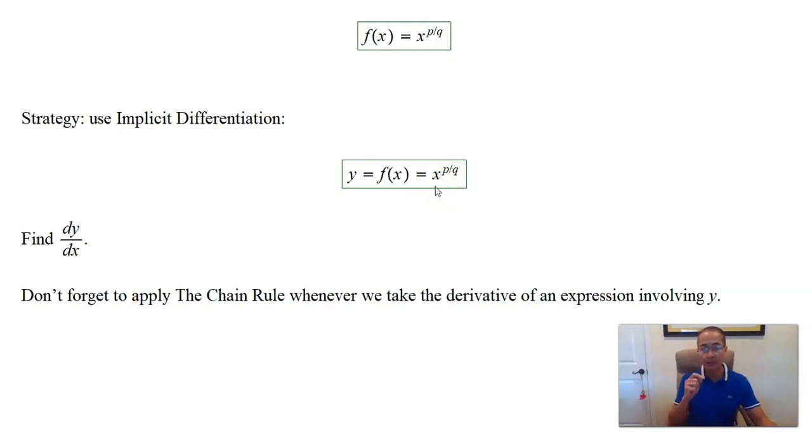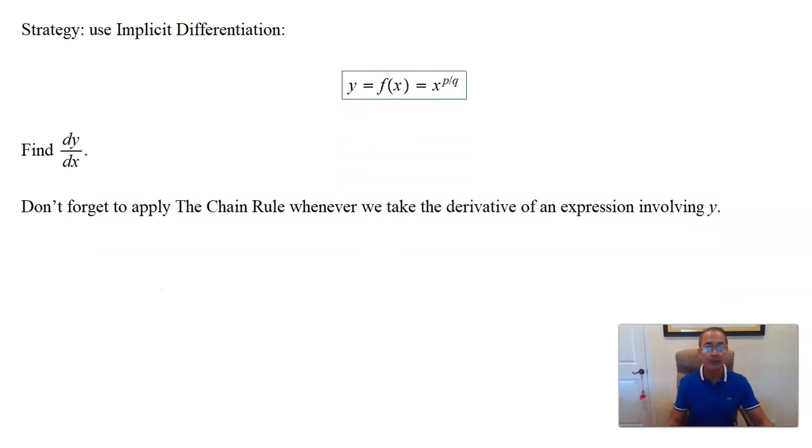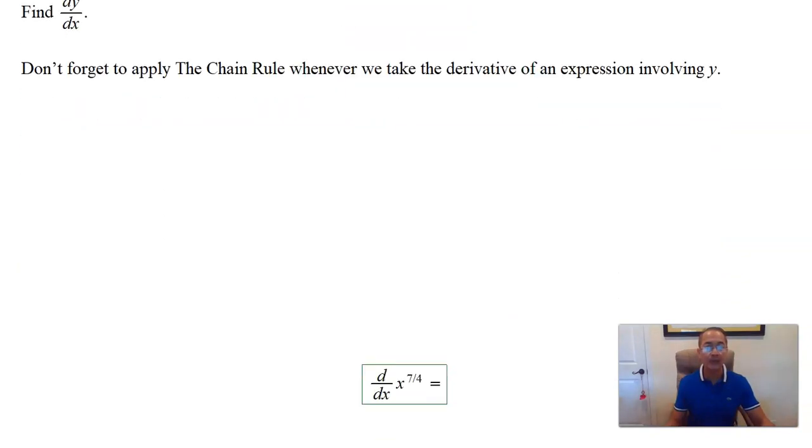So we're going to do some algebra first, so that we get to a point where we can apply derivative formulas that we know. And advance warning, when you take a derivative of any expression involving y, you must apply the chain rule. And that is where the dy by dx pops out. So, what is the algebra that we have to do?